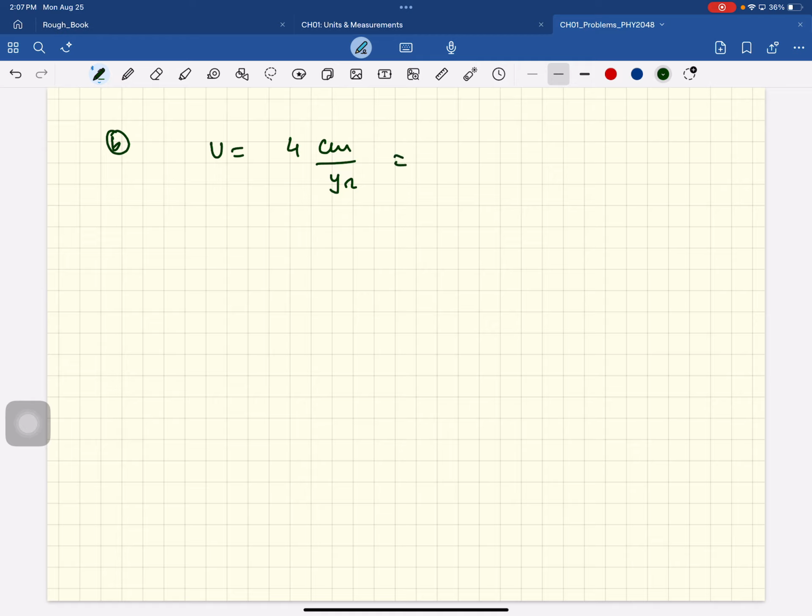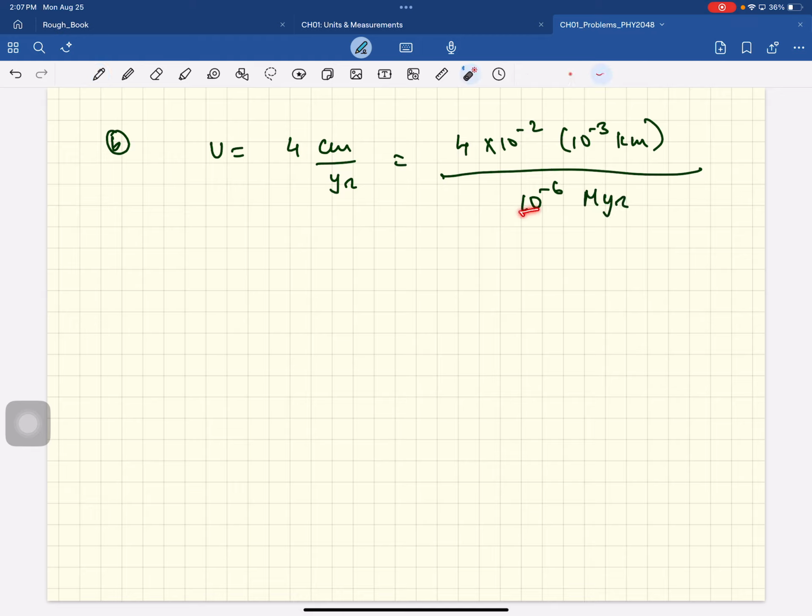So we want to convert that into kilometers per 1,000,000 years. 4 times 10 to the minus 2 meters. And a meter is 10 to the minus 3 kilometers. And a year is 10 to the minus 6 million years. Did you guys understand this? This kills that, so that's a year. This kills that, so that's a meter. And 10 to the minus 2 meters is a centimeter. Okay.